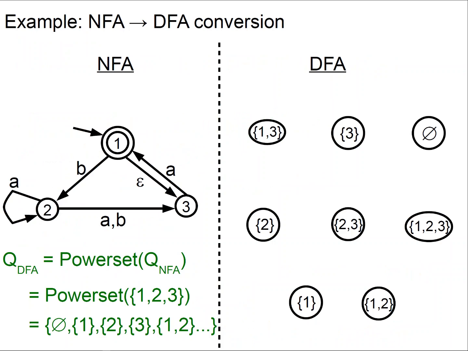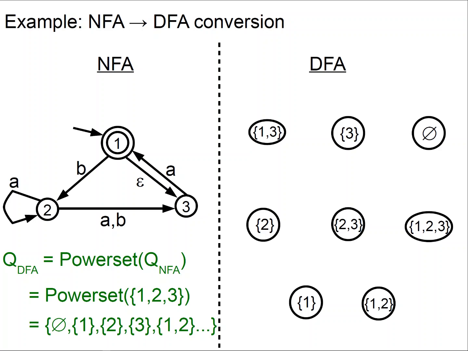Here is an example of an NFA to DFA conversion. On the left we have an NFA, and on the right we're going to build an equivalent DFA. On the left we have 3 states, so on the right our DFA will have a set of states which is the power set of the states on the left. So we're going to have 8 states, and each state is a subset of states.